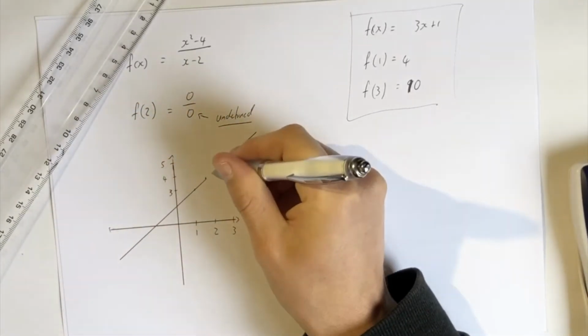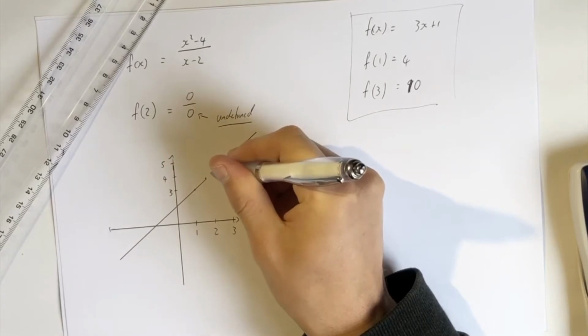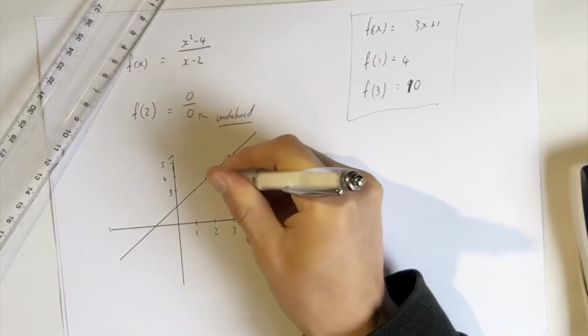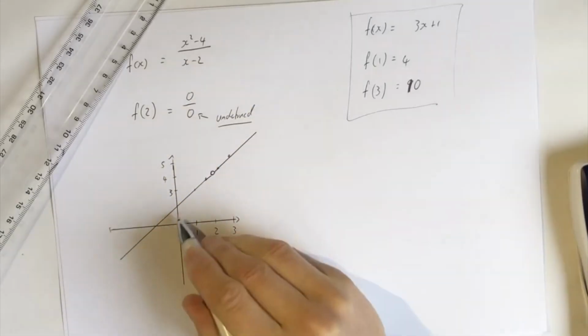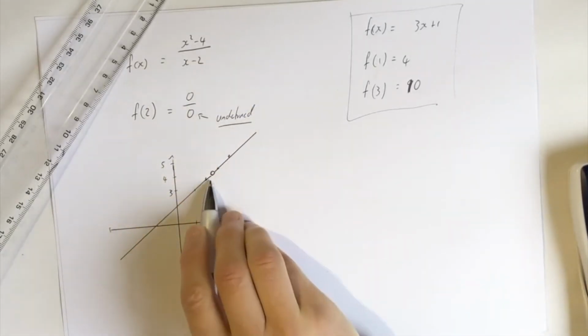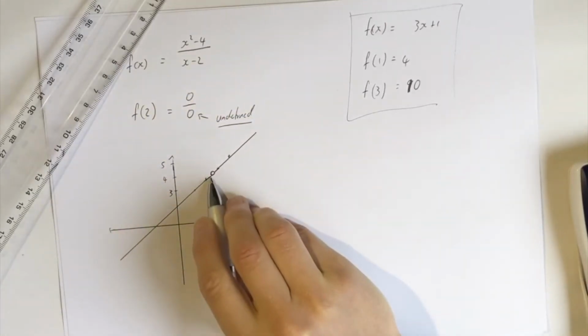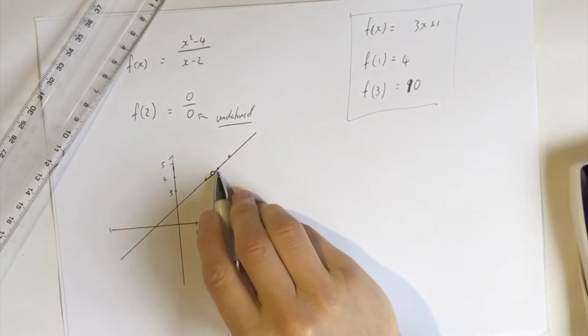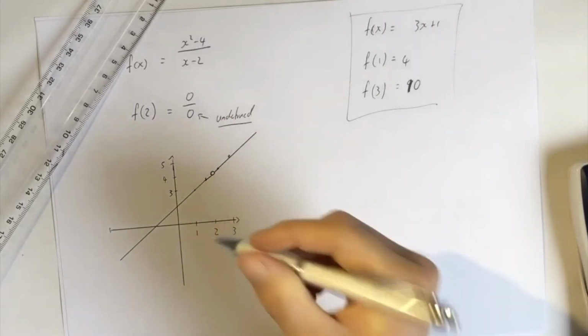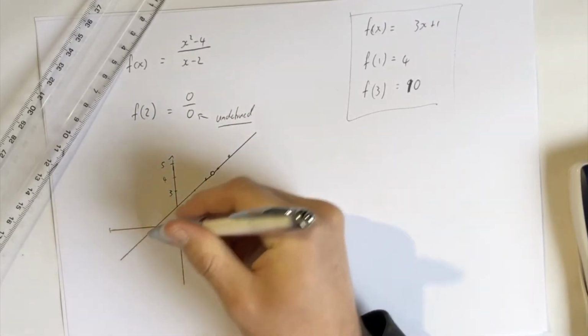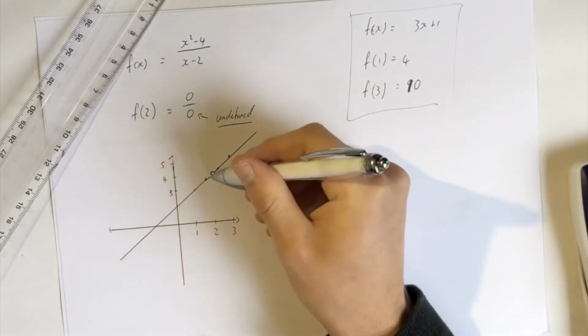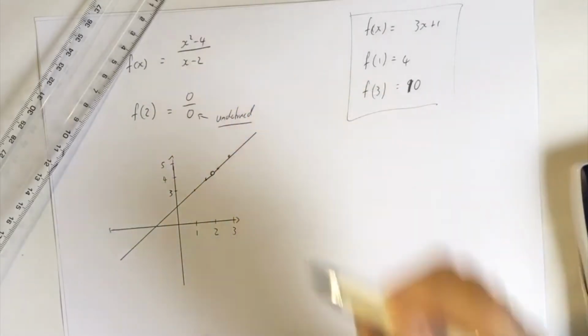So if it's undefined at 2, what we do is we put an open circle. It's like there's a jump. It's like you get to 2, and that's infinitely small, but we still do a circle. And then we would have to jump over that if we could. It's undefined. If you were to actually do this, we'd have to take our pen off the paper to do that function.